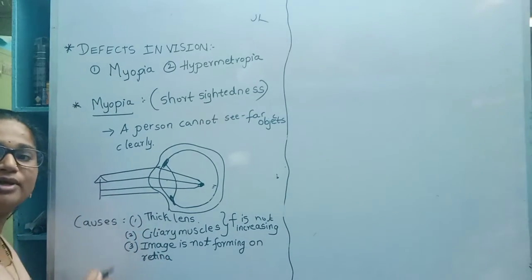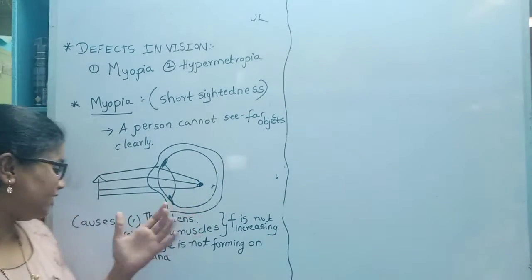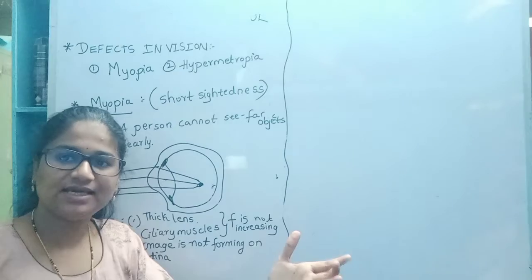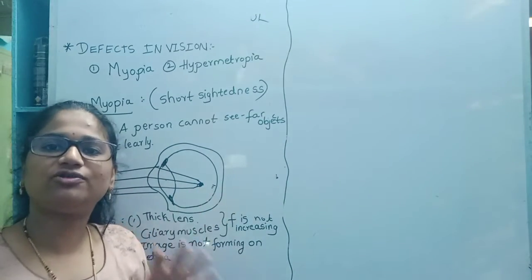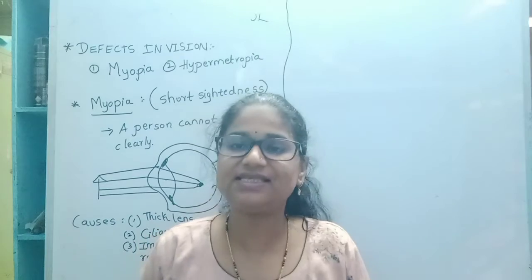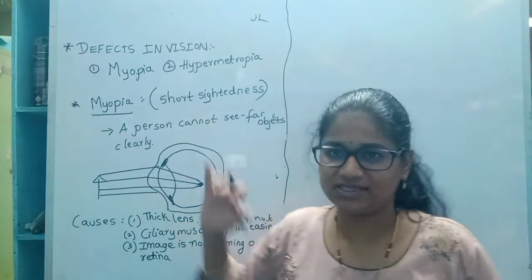The causes of myopia are very important. Due to the thick lens, the focal length is not increasing, and the image is not forming on the retina. These are the causes of myopia.